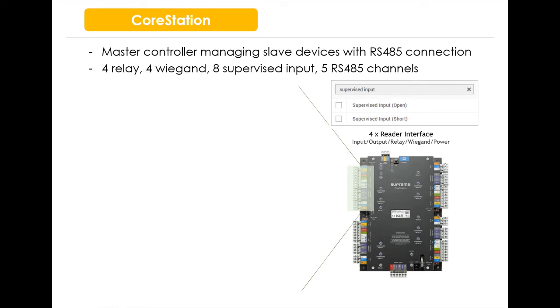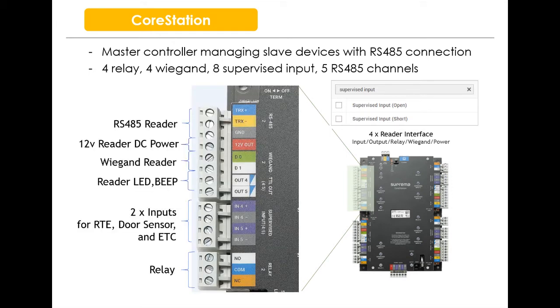This is a zoomed in display of the Core Station's panel. The device's input is a supervised input, which means that the device can sense if the input has been tampered with, just like the DM20.